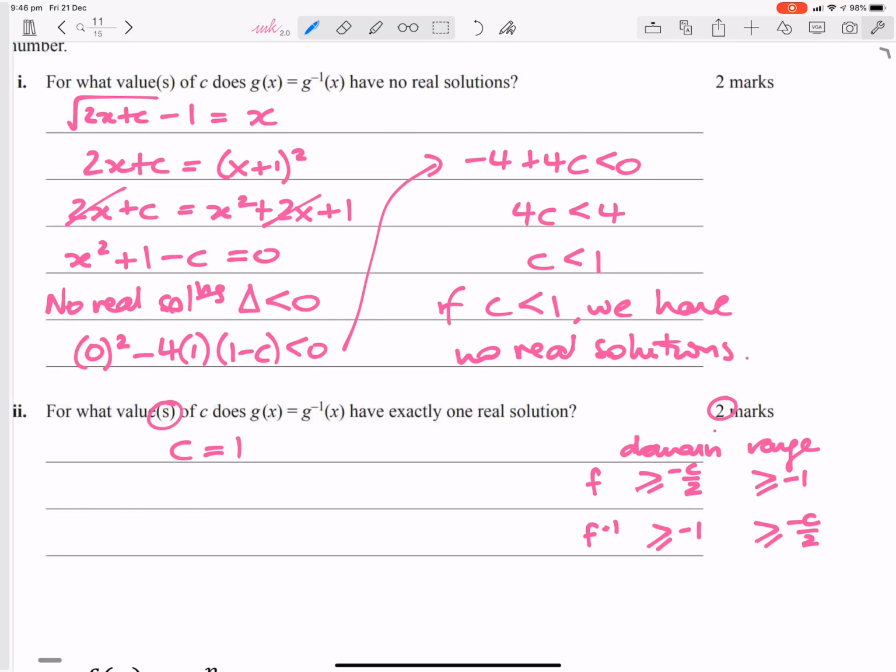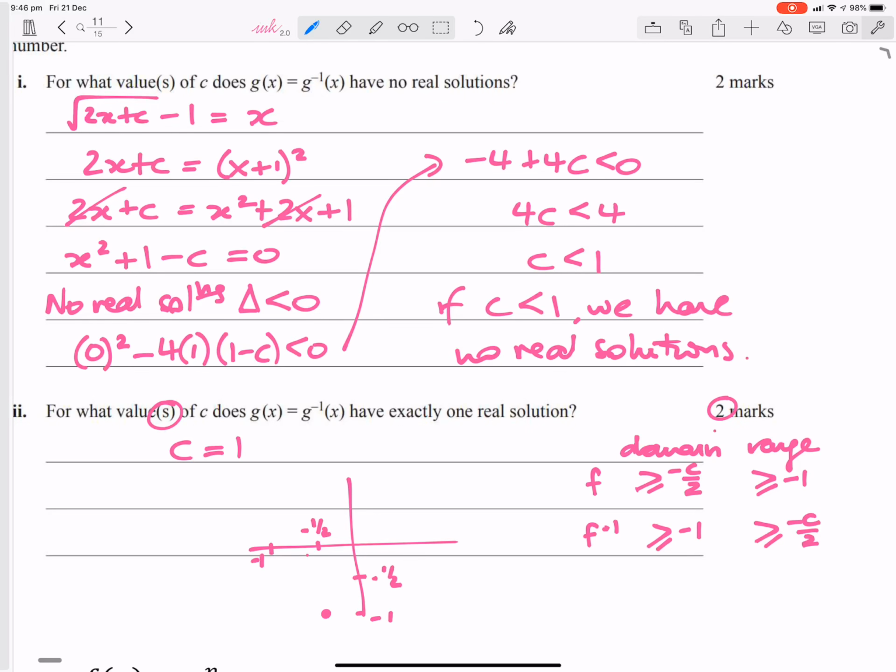Okay, so if c equals 1, if we have a think about these graphs, I would get negative a half, negative 1. If c was to equal 1, my domain would be negative a half, negative 1.